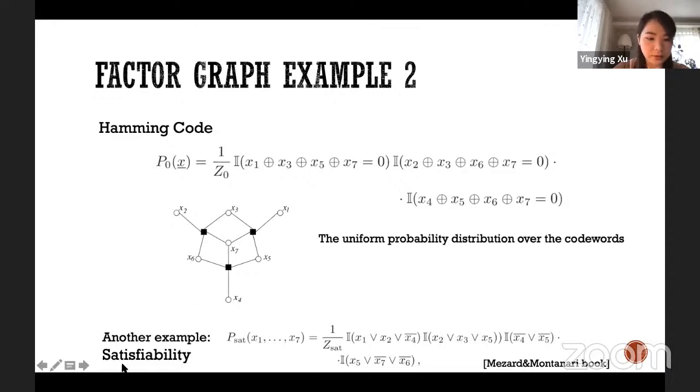Another example is the satisfiability problem. This is a decision-making problem. Many conditions containing the logical AND can be represented on the graph.